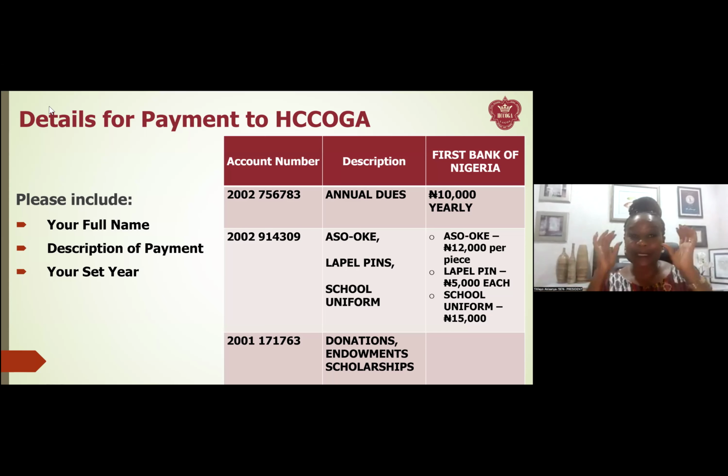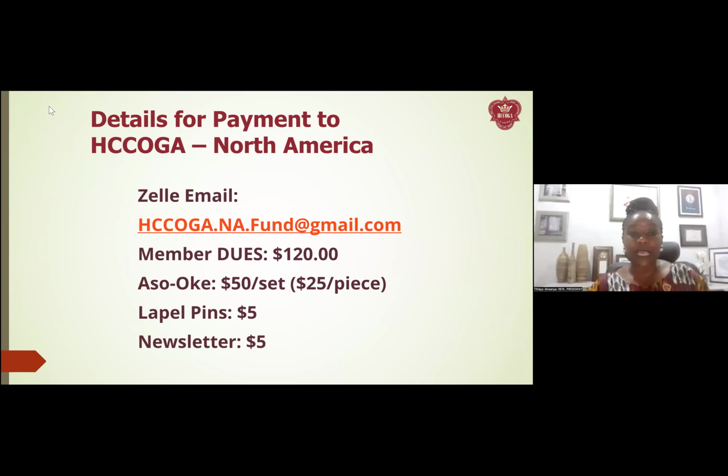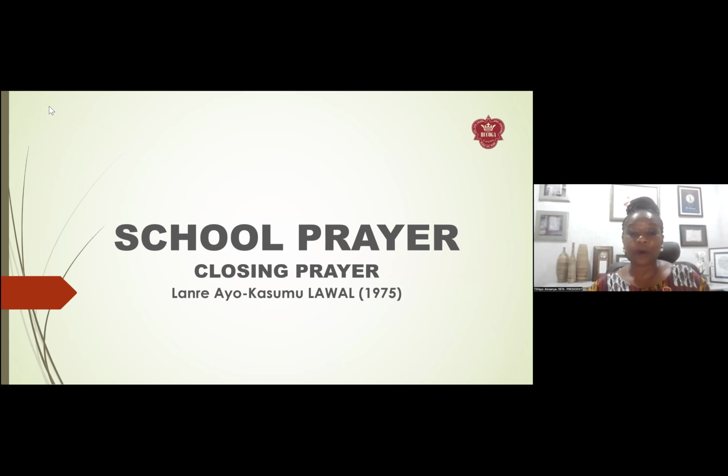So please take a screenshot of this as well so that you'll be well informed. Again, for North America, just take a screenshot of this. Yinka went through that earlier on, but these are the details so that we all stay well informed.